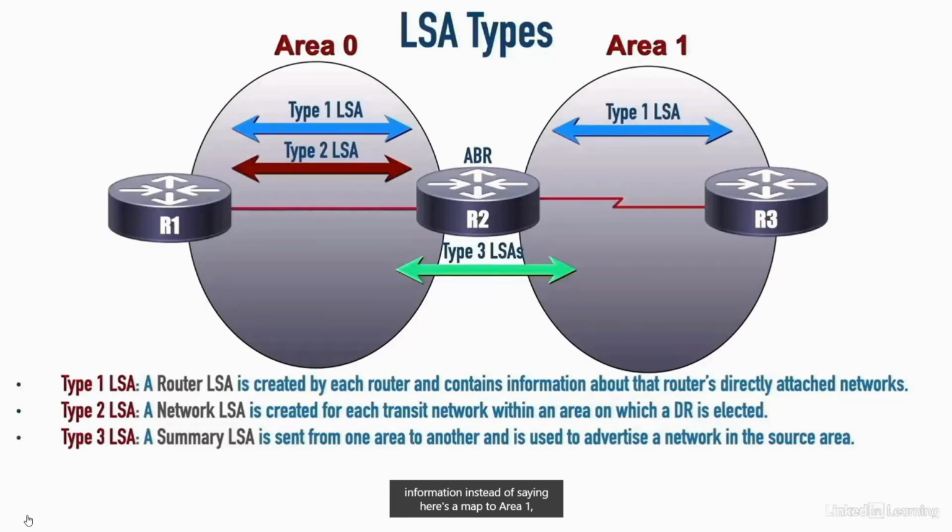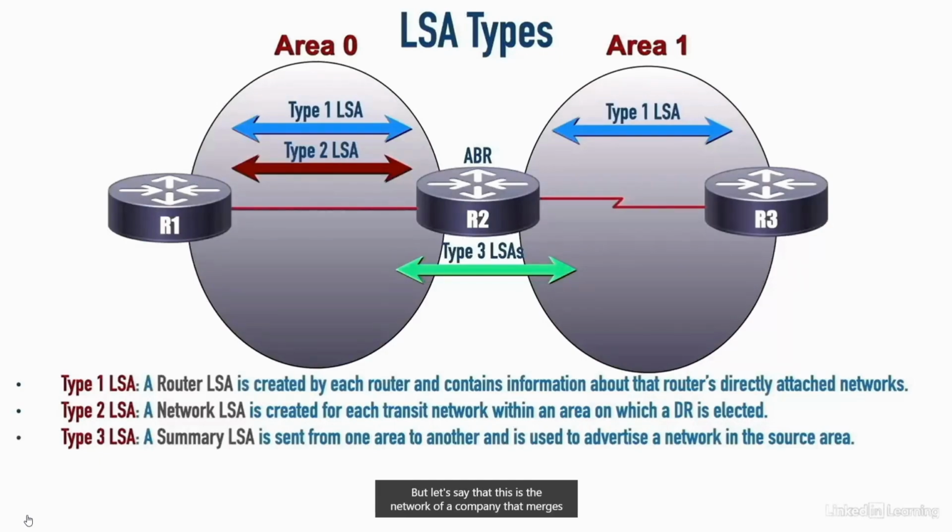Instead of saying, here's a map to Area 1, R2 is going to tell all the routers in Area 0, here is a listing of networks in Area 1. So we're not giving any sort of a detailed map. We're saying, here's a list of networks available in Area 1. And if you want to get to one of those networks, come to me and I'll forward you on to that network. And for every network we have in an area, there's going to be a single Type 3 LSA that's sent into the other area to advertise that network.